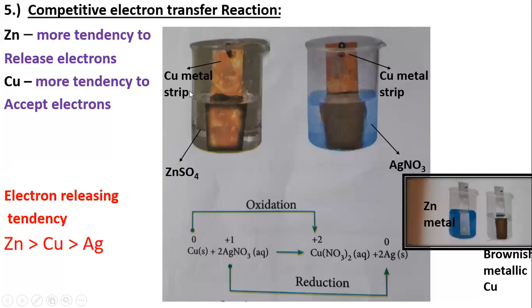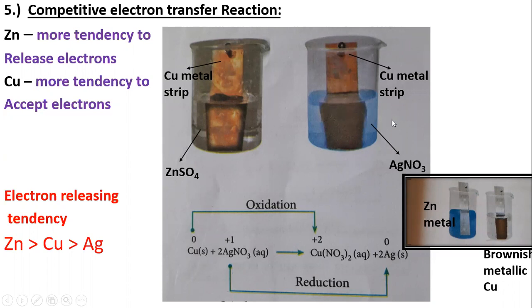In this reaction, the copper replaces the silver from the silver nitrate solution. The color of the solution slowly changes to blue, and the copper metal gets coated with the brownish metal.